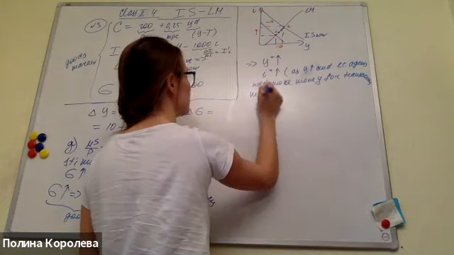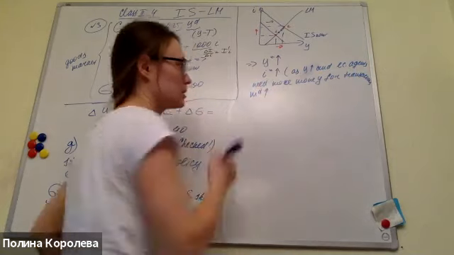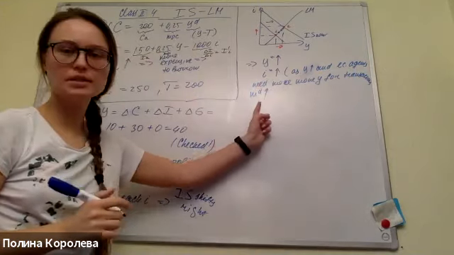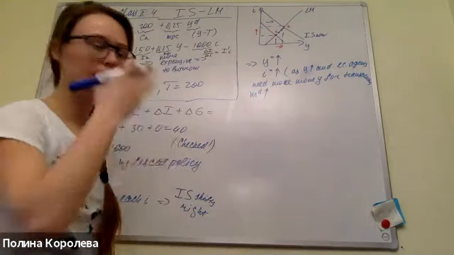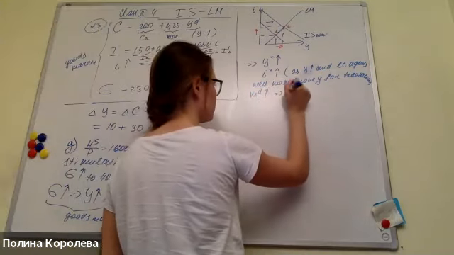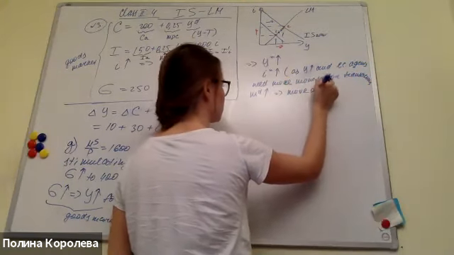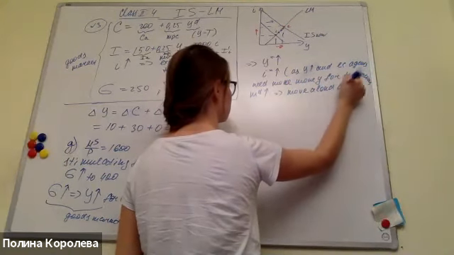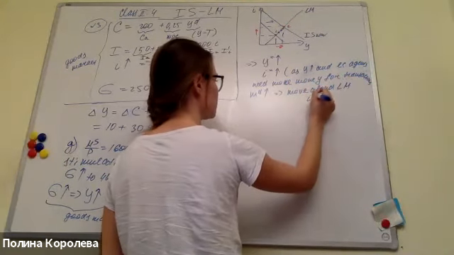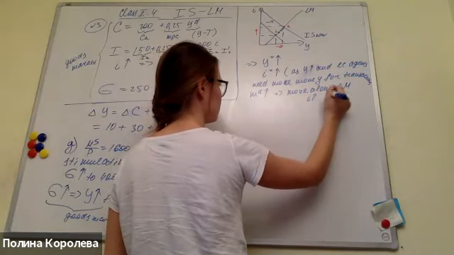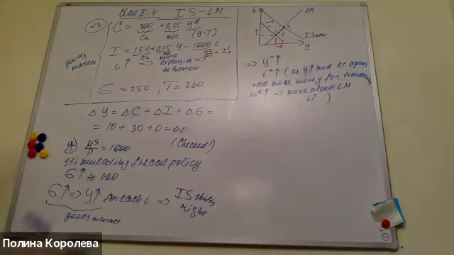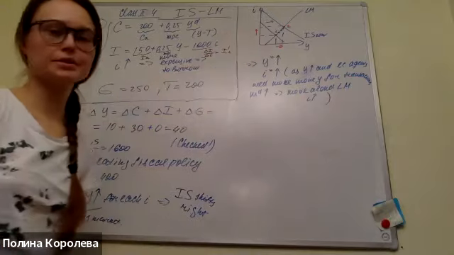That means money demand will increase, and this is a move along the LM curve. The interest rate increases. This is the explanation of why the interest rate increases.